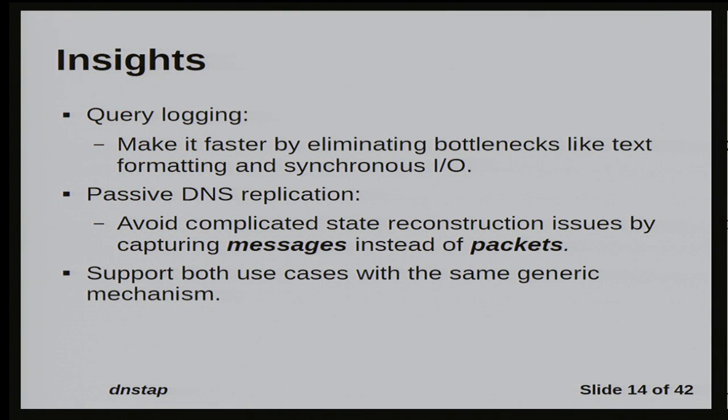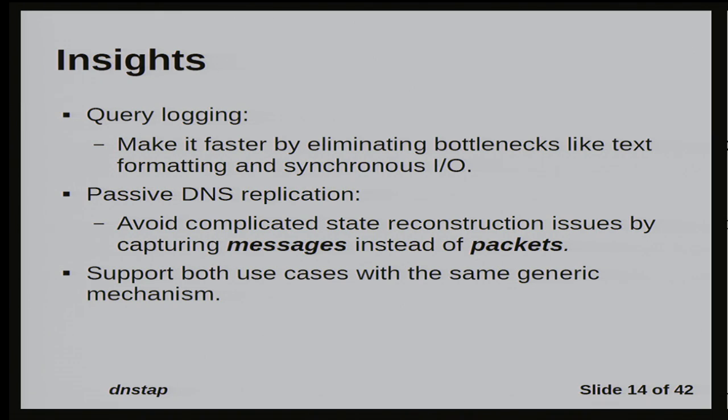Query logging: we could potentially make it a lot faster by eliminating all these bottlenecks, formatting into text strings and doing synchronous logging. And for passive DNS replication, we can avoid all these state reconstruction issues at the network level by capturing messages from inside the DNS server rather than capturing packets outside of the DNS server.